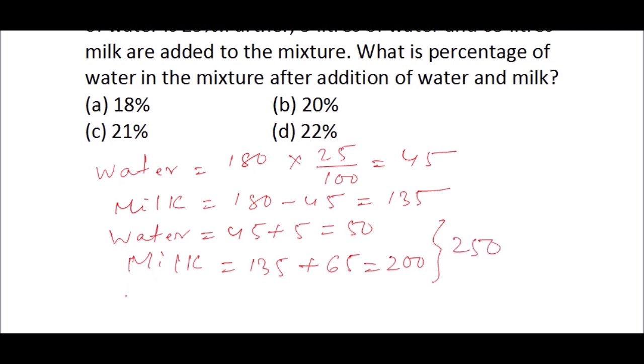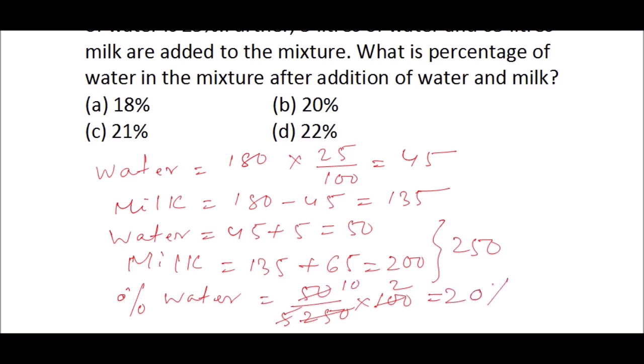What is the percentage of water in that? 50 divided by 250 into 100, and this is 20%, because 50 by 250, this is 2 by 10, again it cancels, therefore 20%. Therefore option B is the correct option.